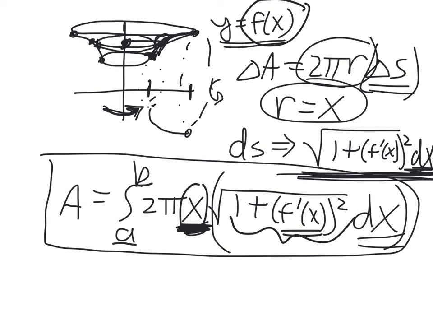Without that x out there, or without the radius part on the outside, substitution usually doesn't work. Like I said, as you've probably seen already with arc length. Arc length is actually a harder integral to do than the surface area. So that's a little bit of help for you, but that's how we calculate the surface area when we revolve a curve around some line.